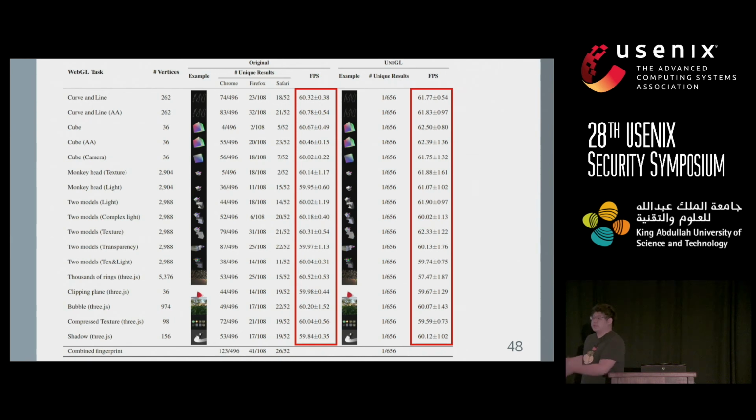This screen is 60 FPS, and we used a lot of ways to improve our performance, such as WebAssembly. Actually, in the vertex shader part, if you see the details in the paper, we compared every micro benchmark. In some parts, our system is even quicker than the original one. So using the fragment shader, we will waste some time, but in the vertex shader, we actually make it a little faster. Okay, all right, thank you.